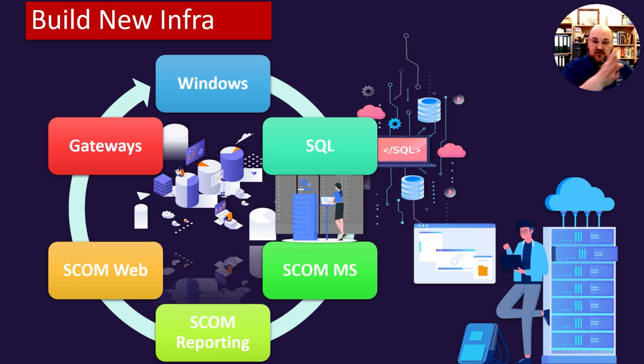Next, we set up the SCOM reporting server and the web server or any other web console, for example, Squared Up is a very good one, and we can get gateways installed as they are needed. In many cases, this does take some more steps within every item here, and for that reason I again highly recommend putting up a list of main and smaller steps for this, so you don't forget too many things.